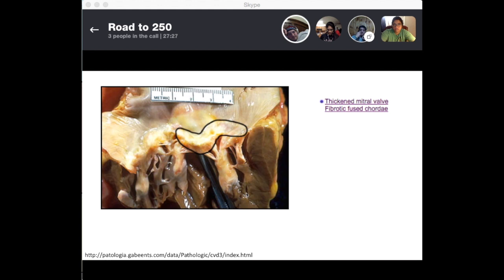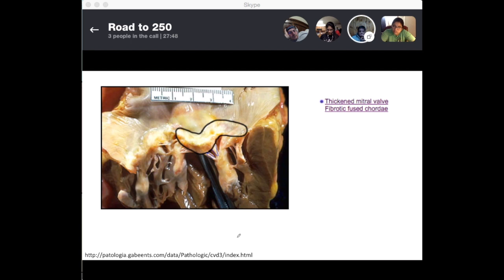So here's a picture of a thickened mitral valve, as highlighted by this little diagram. And the fibrotic fused chordae would be these guys right here. These guys would be the fused chordae tendineae, basically.